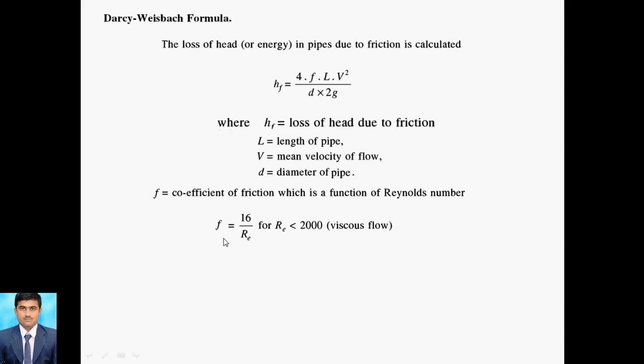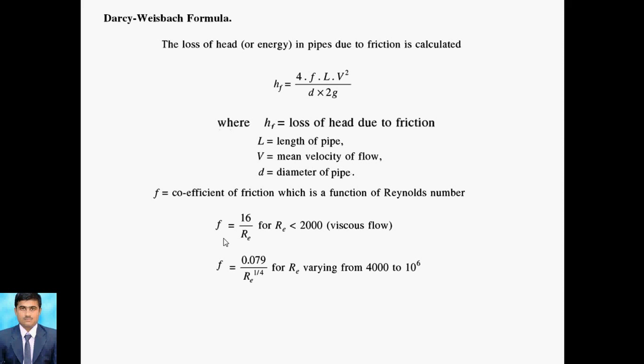First of all we calculate the Re, that is the Reynolds number. The Re formula is rho v d upon mu, or v d upon nu. We can use one of those formulas, that is Re is equal to rho v d upon mu, and if this Reynolds number is less than 2000, then we can say that viscous flow is there. So we can take f is equal to 16 by Re.